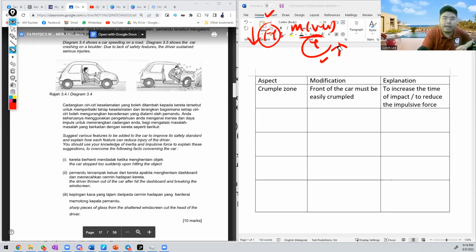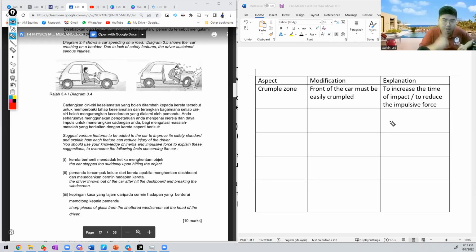I'm saying that in the future, at a higher level, of course, they may demand you to go in more detail. It will be good to practice dissecting the formula, looking inside the formula, at what affects the quantity that we want to find. For example here, one of the factors that contributes to the impulsive force is the time of impact. We understand. When we say we want to modify the car so that we can lengthen or delay the time of impact, it means we understand what contributes to the impulsive force. That's the idea. Okay. Clear?